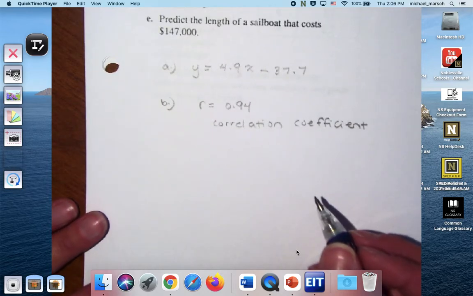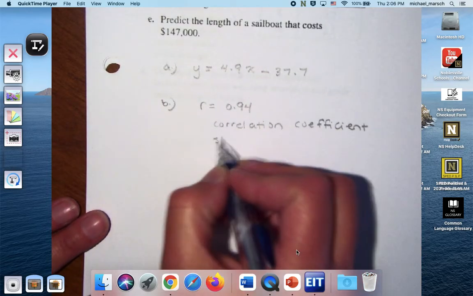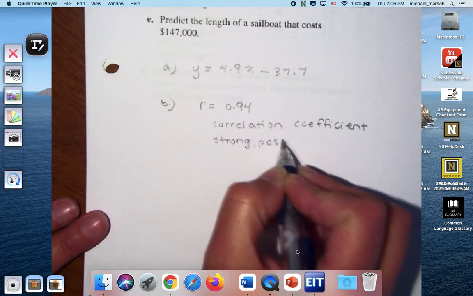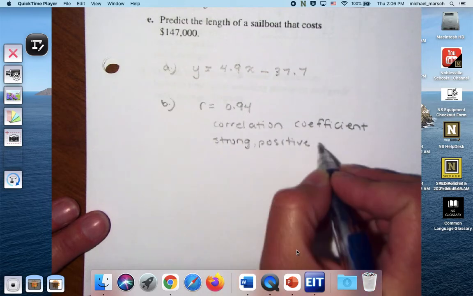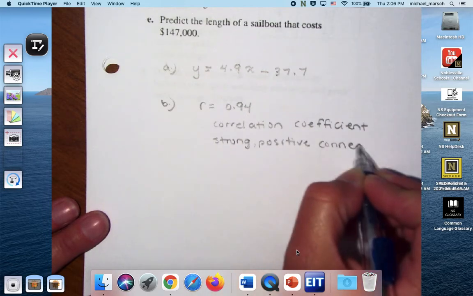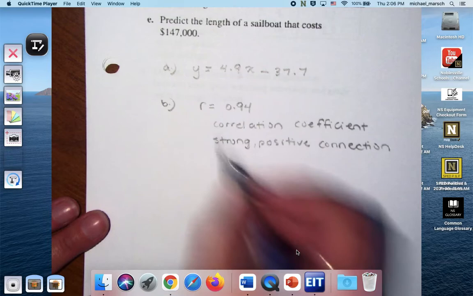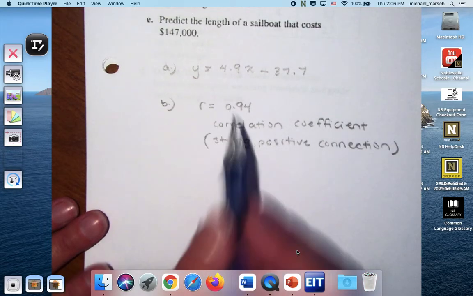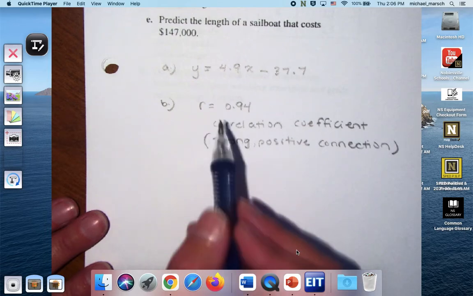Okay. So this tells us there is a strong positive connection. How do you know that? Because it's almost 1. The closer it is to 1, the closer it is to having a connection.